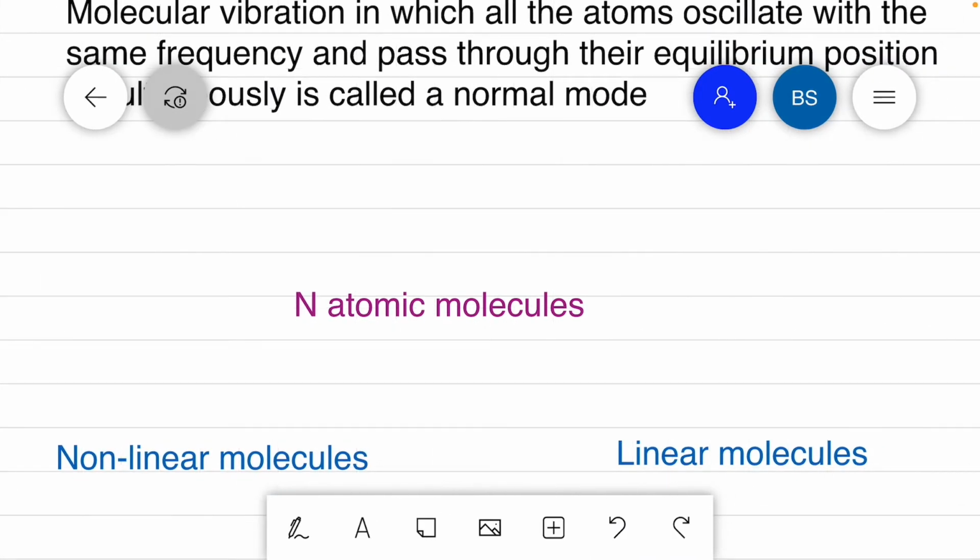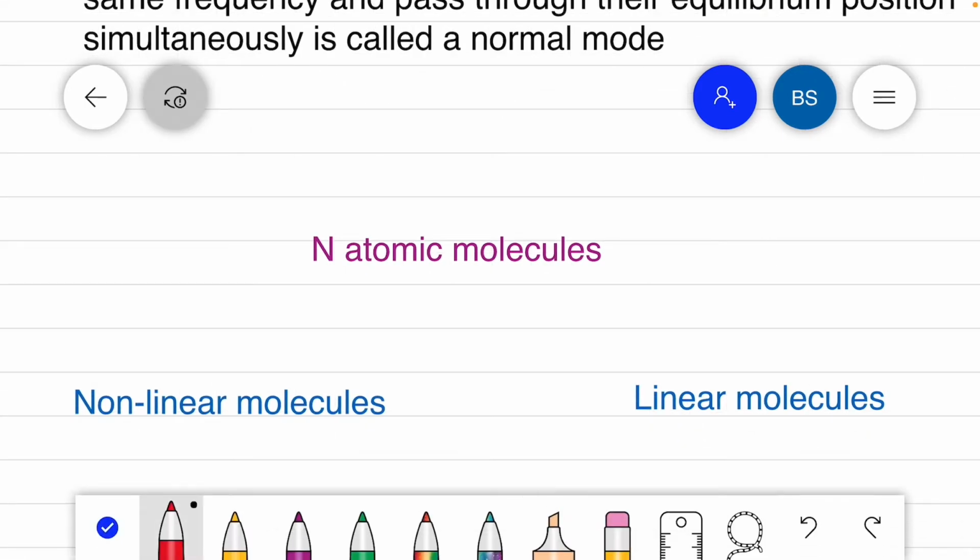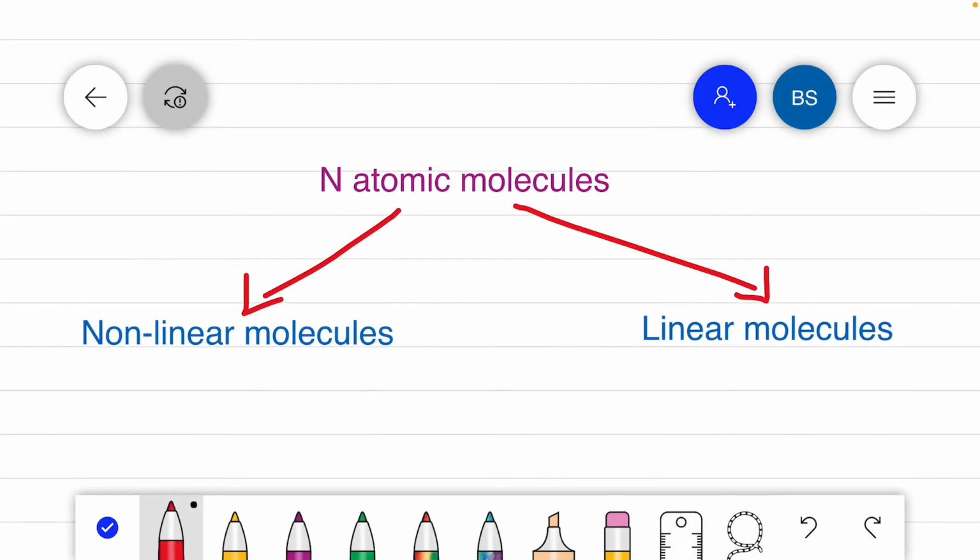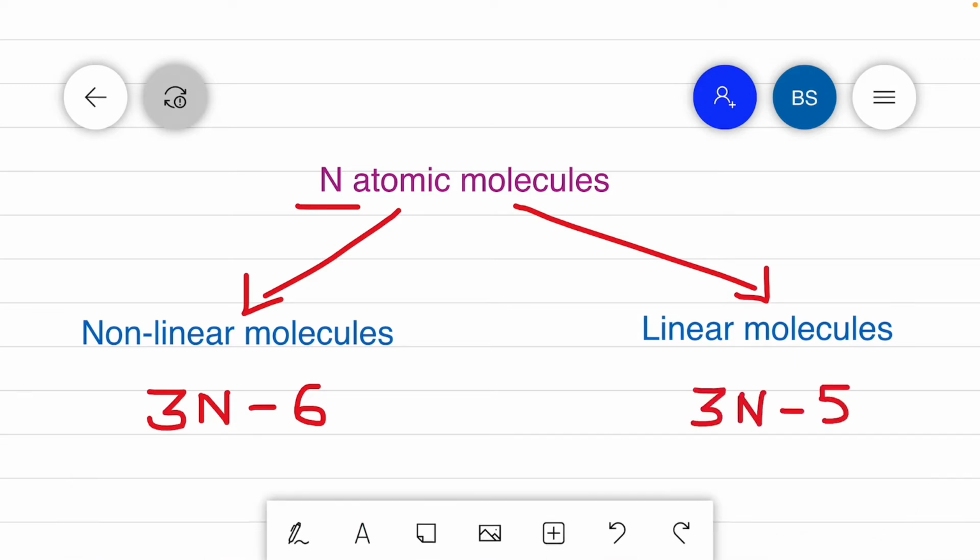In general, molecules can be classified as nonlinear molecules and linear molecules. Let n represent the number of atoms in the molecule, then a nonlinear molecule has 3n minus 6 normal modes of vibration, whereas a linear molecule has 3n minus 5 normal modes of vibration.